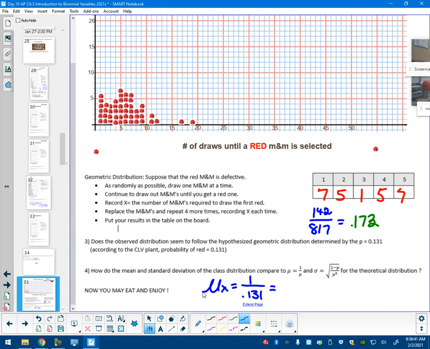We're going to learn about these formulas. 1 divided by 0.131 is 7.63. So does this distribution look like it is balanced at 7? Totally could be.